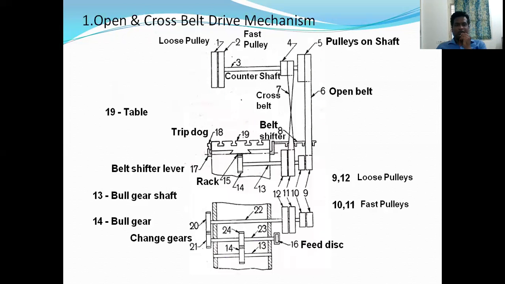Twenty and twenty-one are the bull gear change gears, twenty-two and twenty-three are shafts, and twenty-four is the gears. Thirteen and fourteen are the bull gear shaft and bull gear. These are the arrangements we have observed in the open and cross belt drive mechanism.